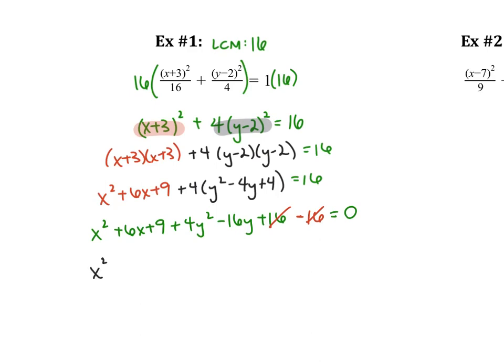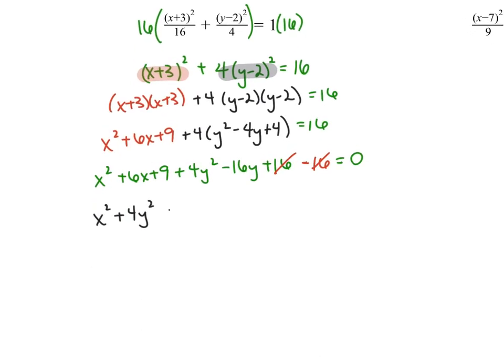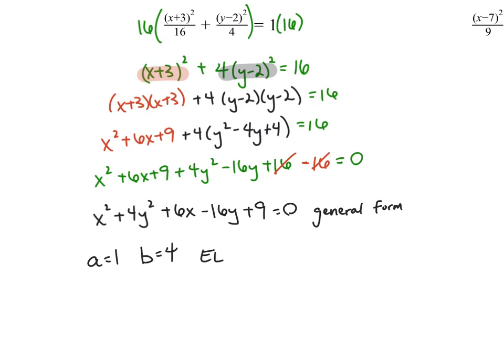So I have x squared plus 4y squared plus 6x minus 16y, and then I'm left with just a positive 9 equals 0. In black, this is my general form. And since my A is 1, my B is 4, they're both positive and they're different terms, I know that this is an ellipse.